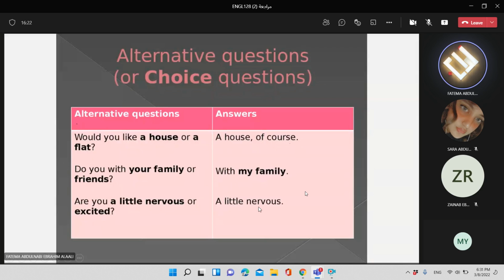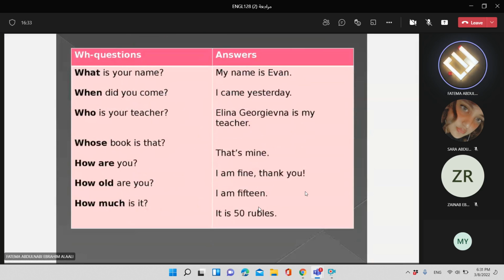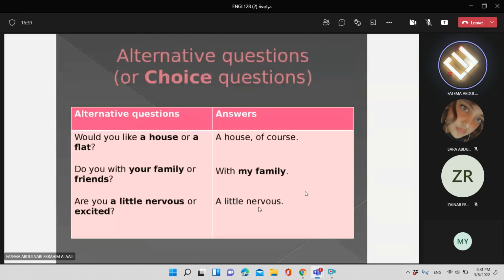Okay, these are the three types of direct question. The first one is the WH questions, the second one yes or no questions, and the third one alternative questions. We have to differentiate between these three types of questions.